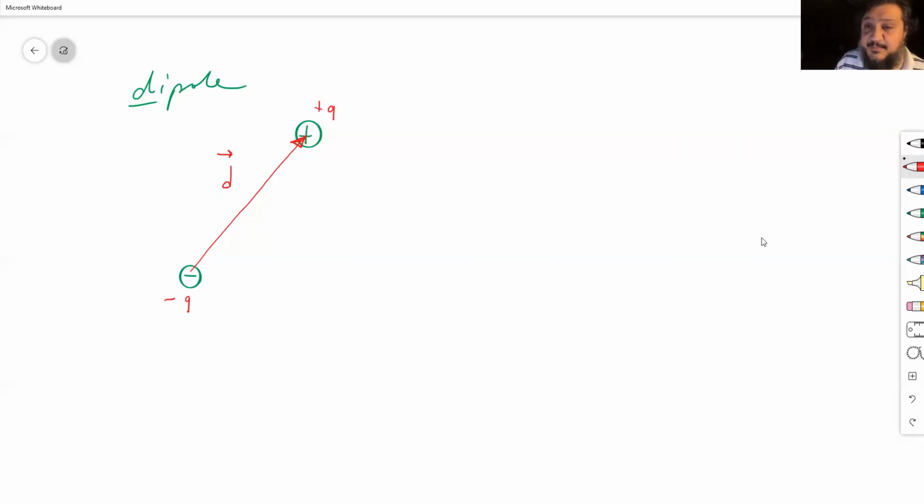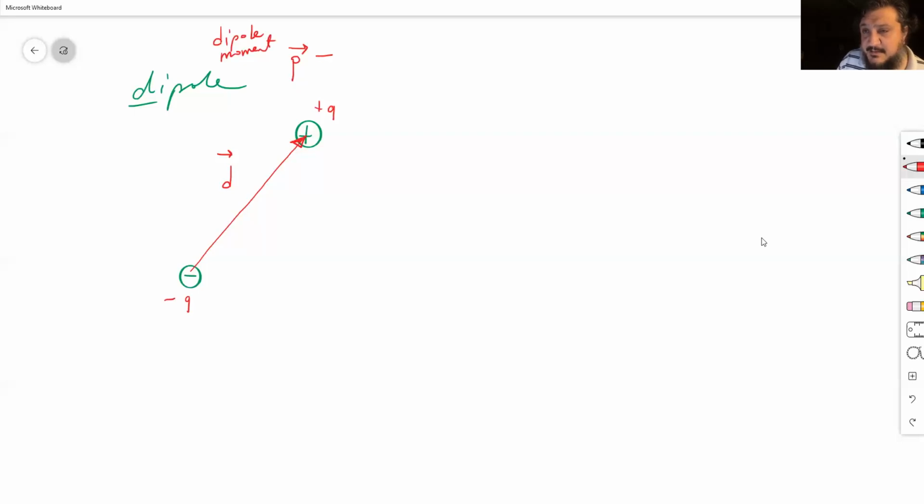Then the dipole, we're gonna call this P. There are many things in physics with P, right? Like power, momentum. Please don't get confused. This is the dipole moment. It's called dipole moment.